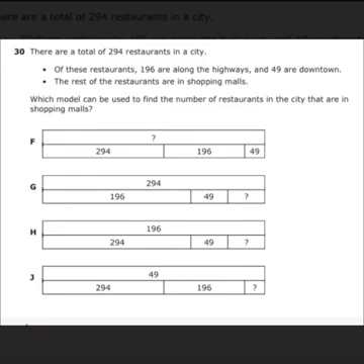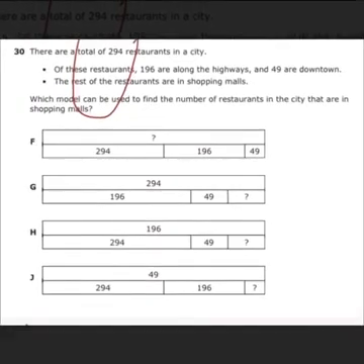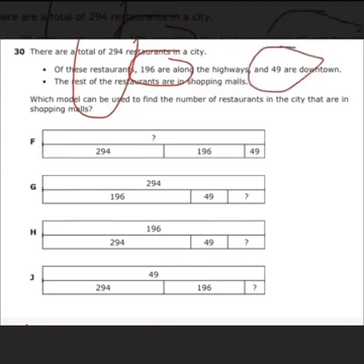Okay, I'm seeing the word total, and I know that's going to help me with finding my strip diagram. So I'm going to circle it. It's a total of 294, okay? And I know that a part of that 294 is 196, that's along the highways, and the other part is 49.